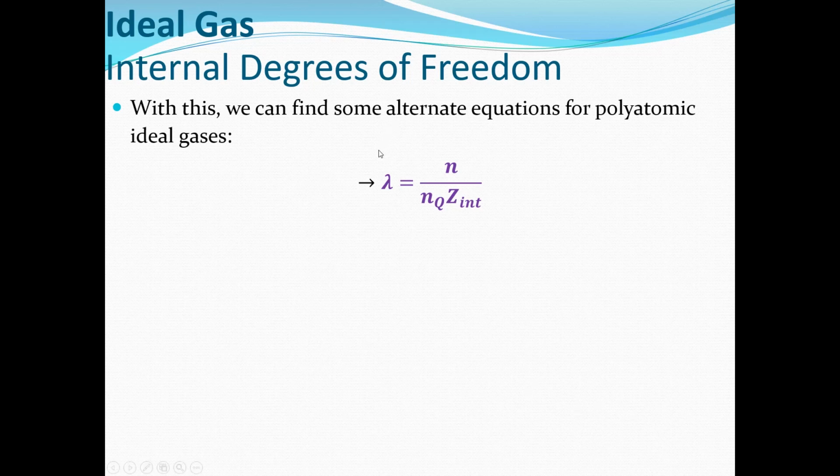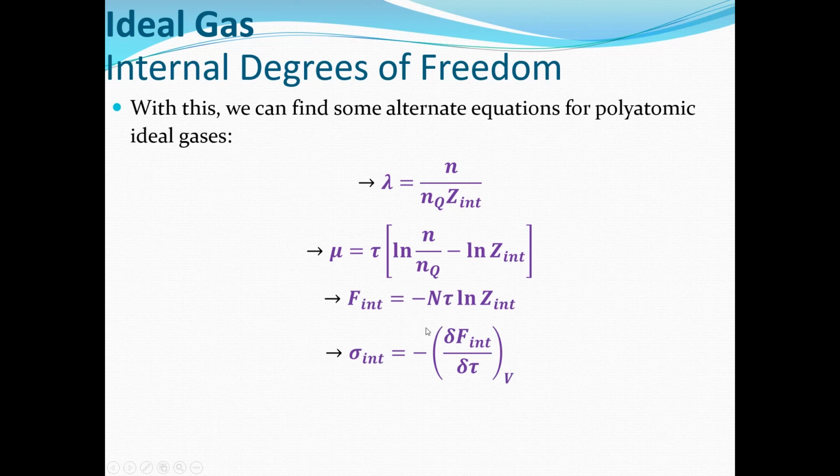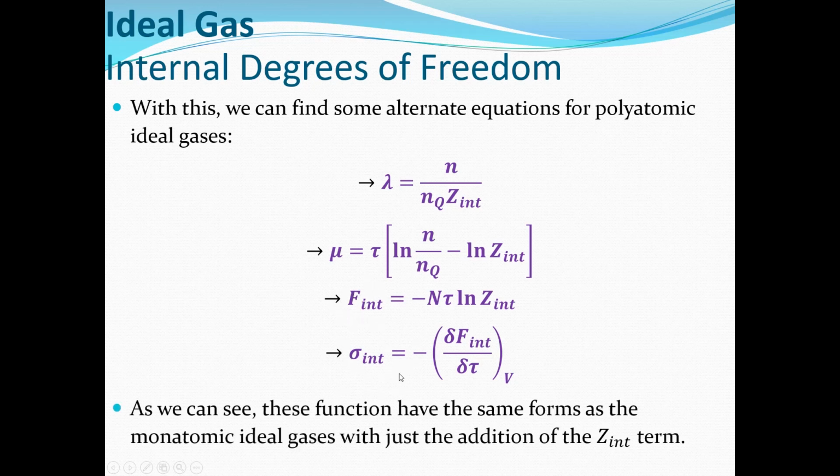So the activity, instead of being n over nq, is now n over nq times z internal. The chemical potential, instead of just being tau ln n over nq, it's now minus ln z internal. And same thing for the free energy and the entropy. Again, only really focusing on this part, the internal sections.